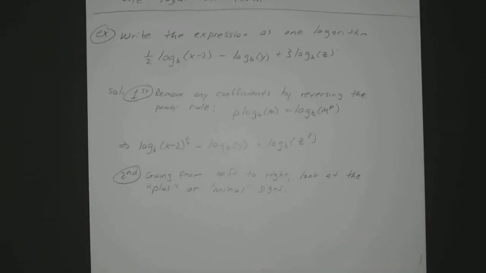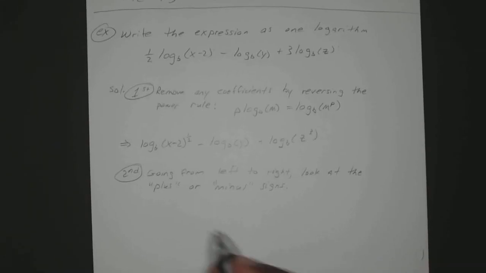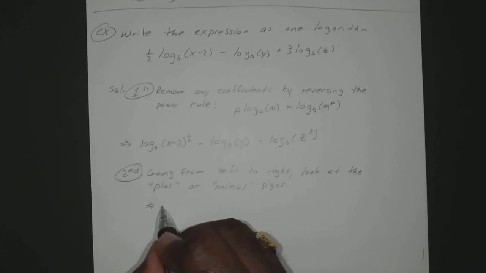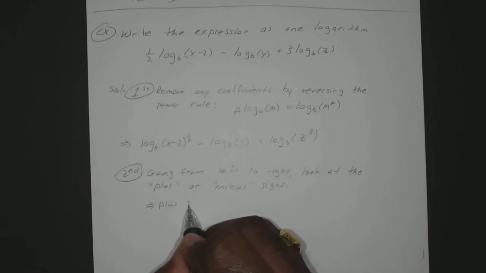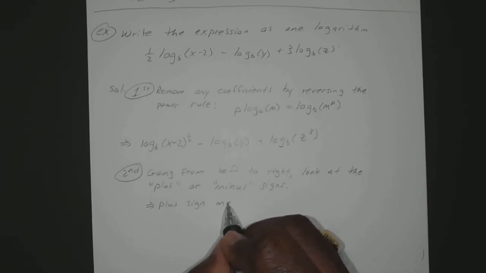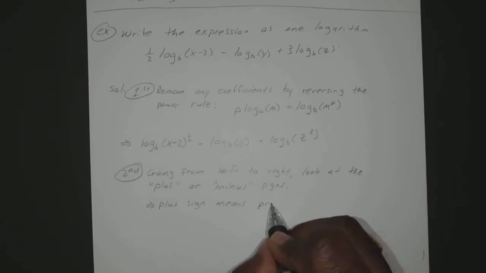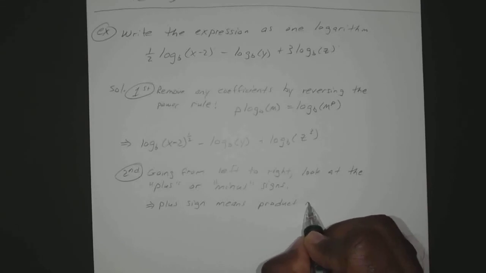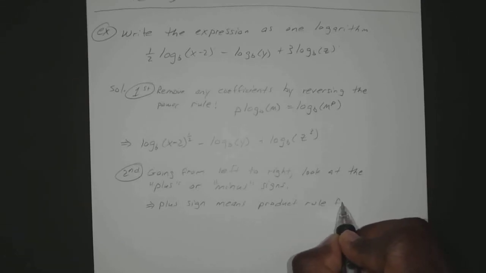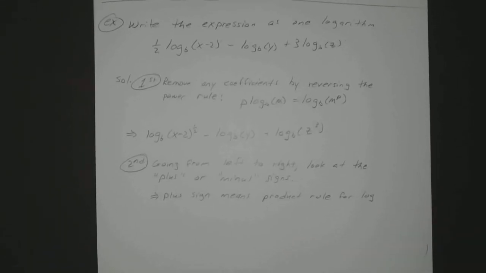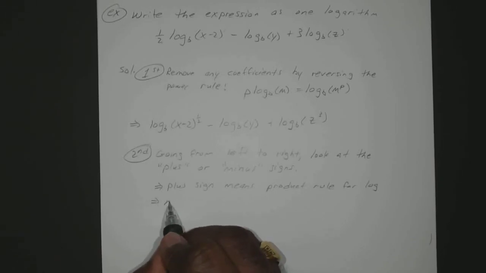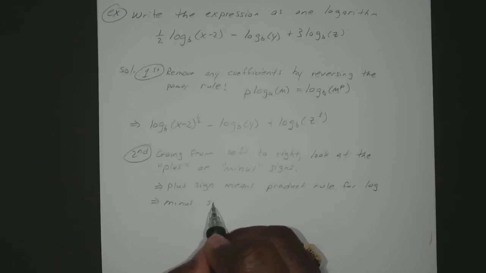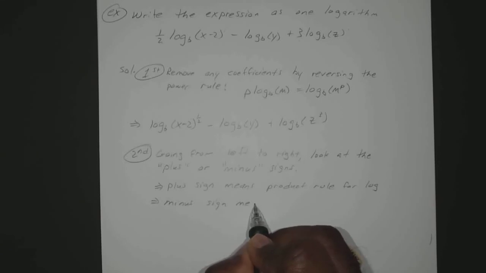If you see a plus sign, that means the product rule. If you see a minus sign, that means the quotient rule. So plus sign means product rule for logarithms, and the minus sign means quotient rule.